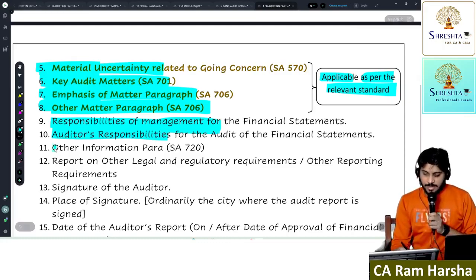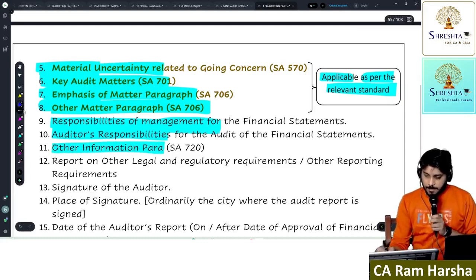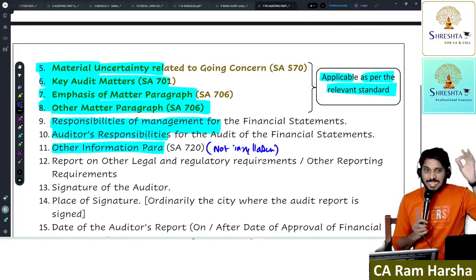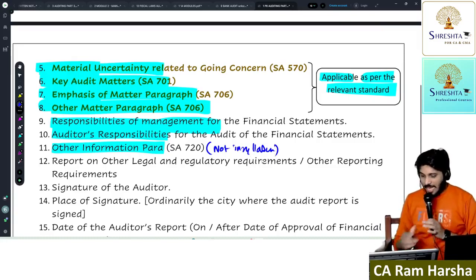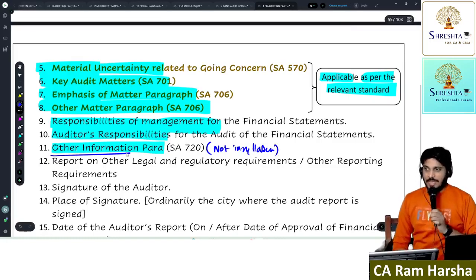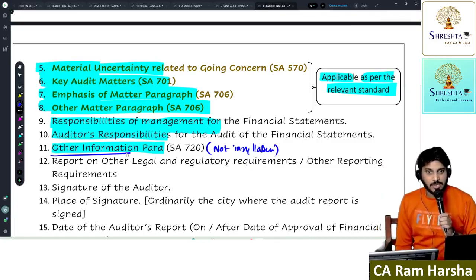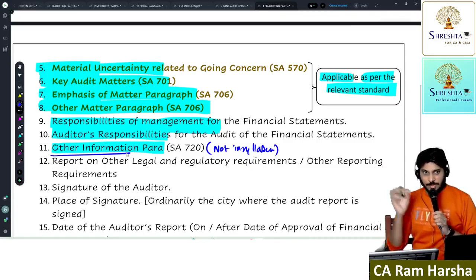Next, we have something called other information. This standard we don't have in our syllabus. Not in syllabus. This para is not in syllabus. Remember, other matter paragraph is SA 706. Other information paragraph is SA 720. Both are different. 720 means other information.